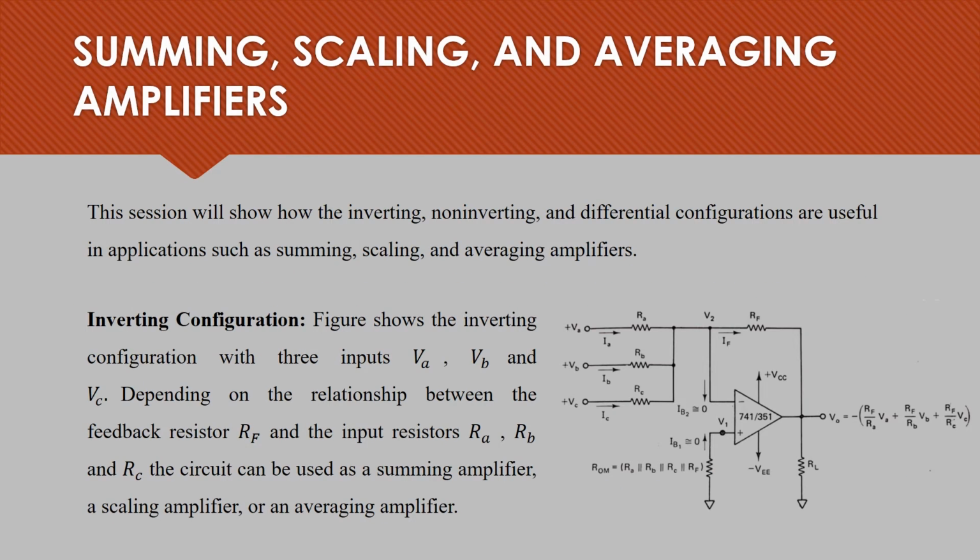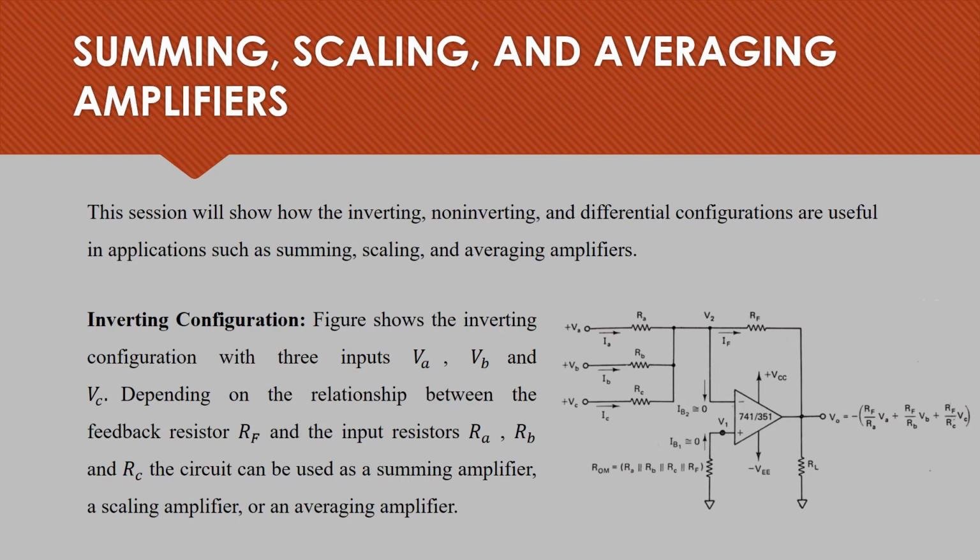So, in this session, we will be talking of inverting, non-inverting and differential configurations that are useful in applications such as summing, scaling, averaging amplifier as well as a subtractor. Firstly, we will take up inverting configuration.